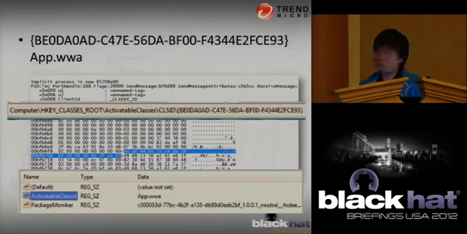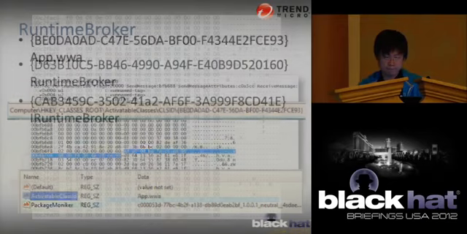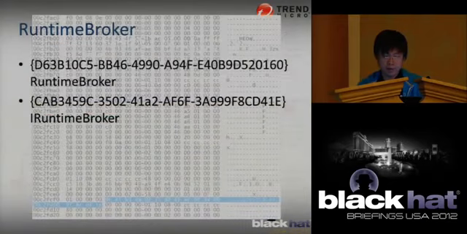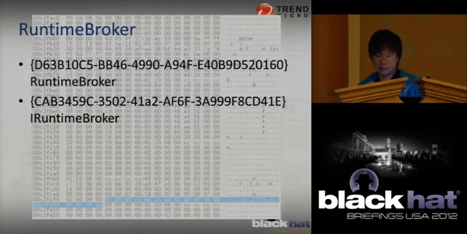This is our class ID. And this sample shows the class ID and interface ID that we logged in WinDbg when runtime broker is launched by the COM local server. It is the class ID and its interface ID.